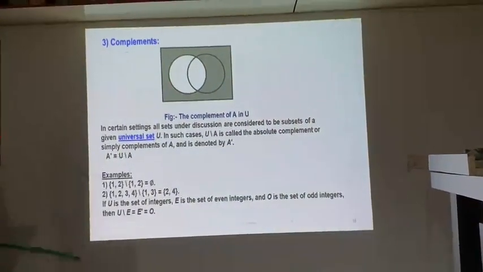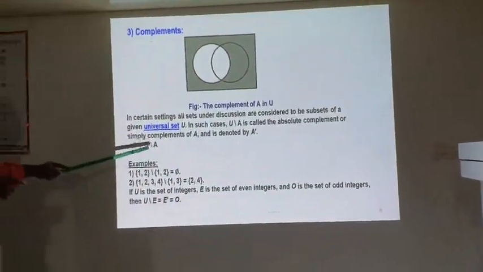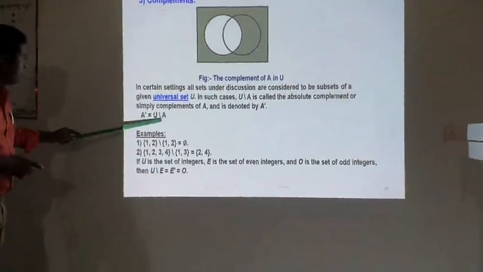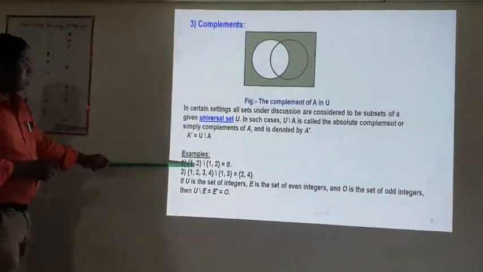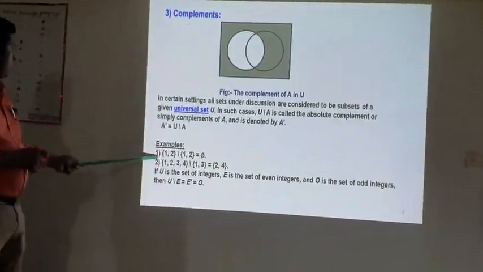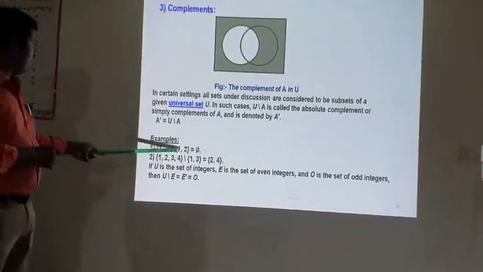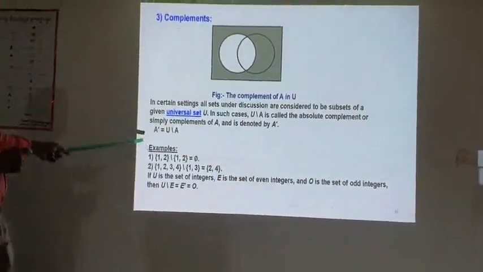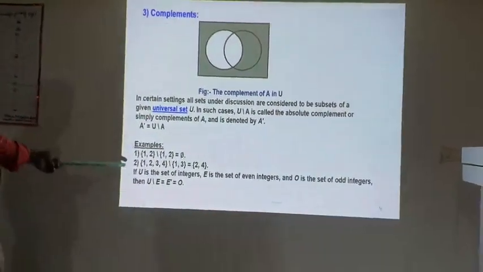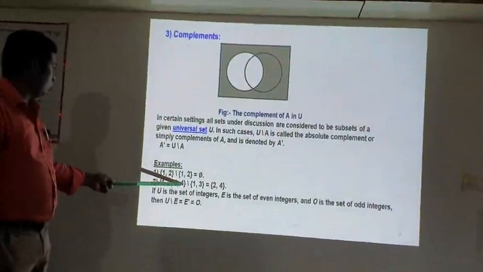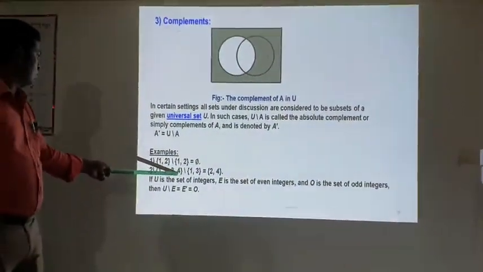It means U minus A. Examples: {1, 2} minus {1, 2}, there is no different element left, so it is phi. When we subtract {1, 3} from {1, 2, 3, 4}, only 2 and 4 remain.